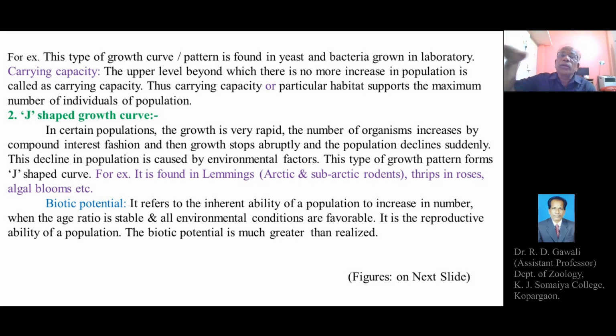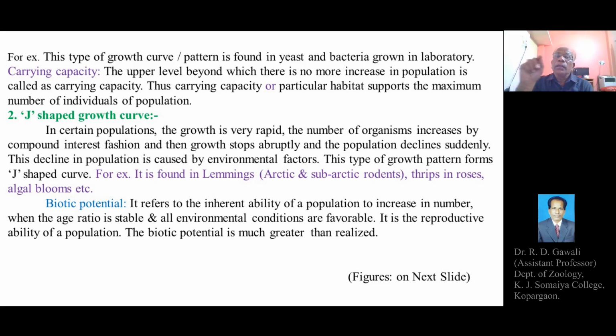So this particular potential of the habitat, which can provide support to a certain maximum number of individuals of the population, is called carrying capacity.